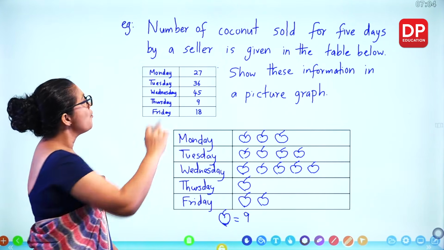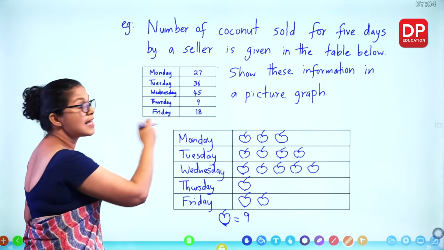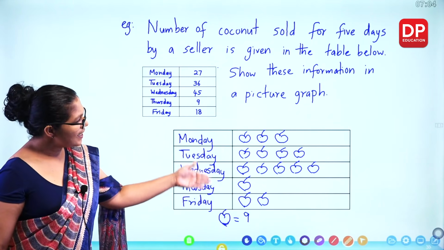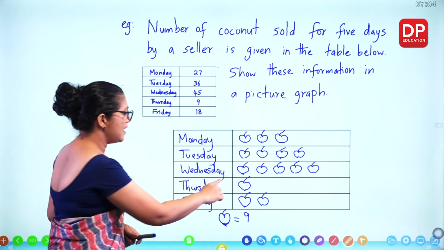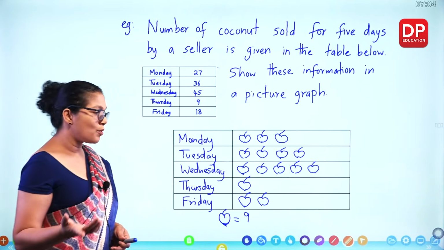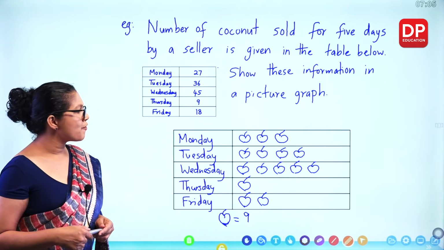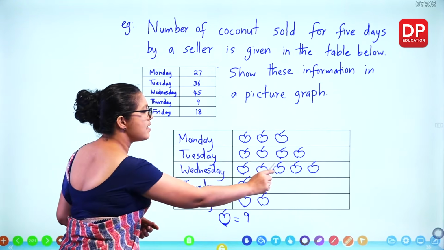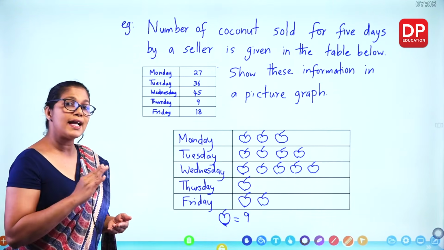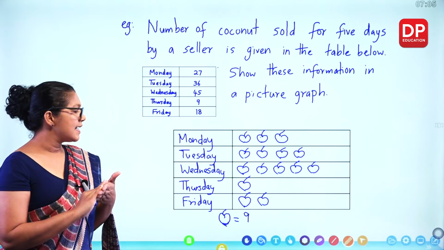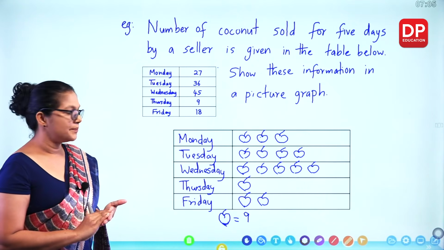So now, without looking at this table, at once we can get an idea. Here, least number of coconuts sold on Thursday. What about the most number of coconuts sold on Wednesday?